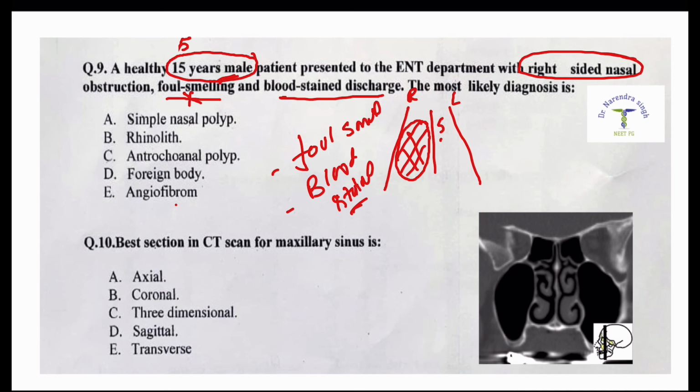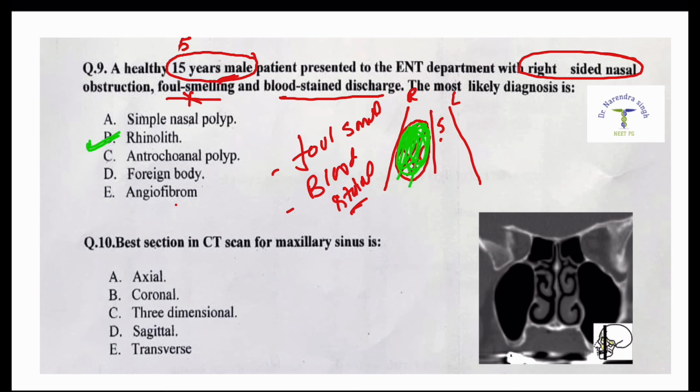So the options we are left with now are the simple nasal polyp and rhinolith. In cases of simple nasal polyp, we don't find the foul smelling blood stained discharge. So the answer by exclusion here is rhinolith. If there is a unilateral rhinolith, it will lead to nasal obstruction.